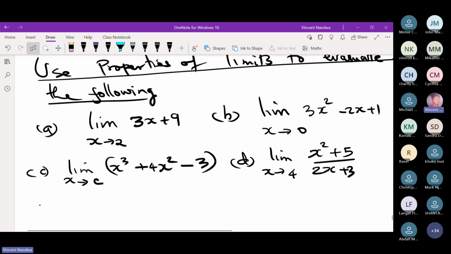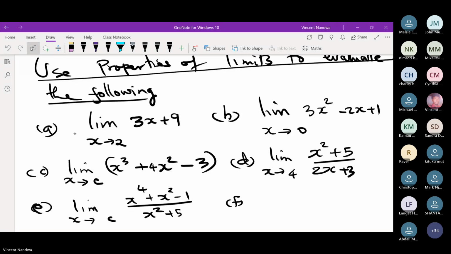And then E, limit as x approaches c of x to the power 4 plus x to the power 2 minus 1 over x squared plus 5.